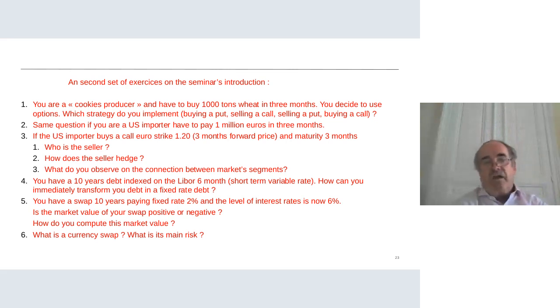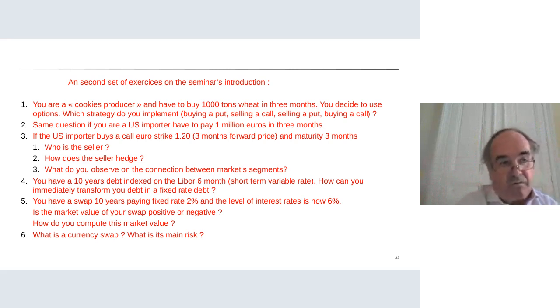We will not have the time today to go into detail because we have a lesson on options specifically. But for everybody, who is the seller? It's very important. Please, before sleeping, think about it. If someone buys, someone sells. You cannot say the market is buyer. If the market is buyer, the same quantity of people are sellers.